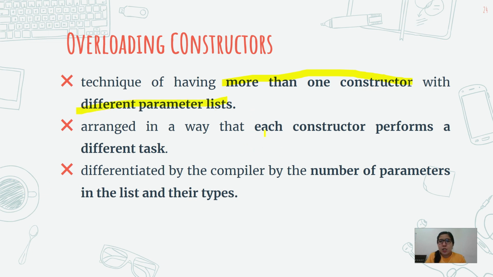It is arranged in a way that each constructor performs a different task, differentiated by the compiler by the number of parameters in the list and their types. So meaning, one constructor is used but different parameter list. Magkakaiba yung content or magkakaiba yung values na nandoon sa kanilang parameter list.